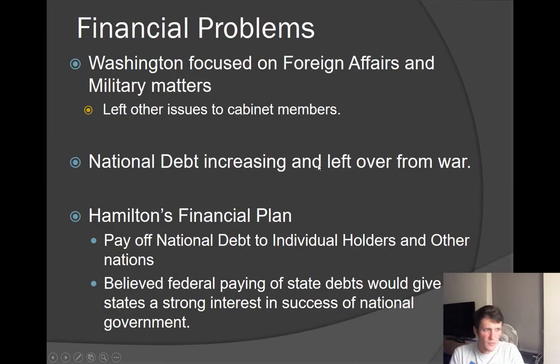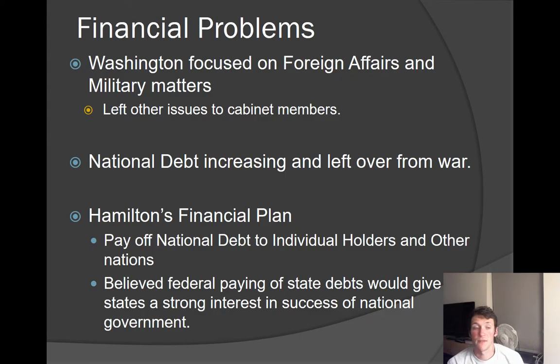So, financial problems, right? Washington feels he's going to focus more on foreign affairs and military matters on some level. He's going to give other issues to the cabinet members, and the national debt left over from the American Revolution is going to need to be taken care of, right?